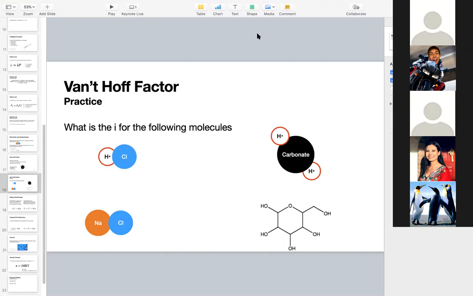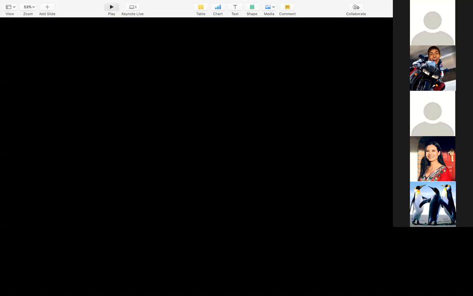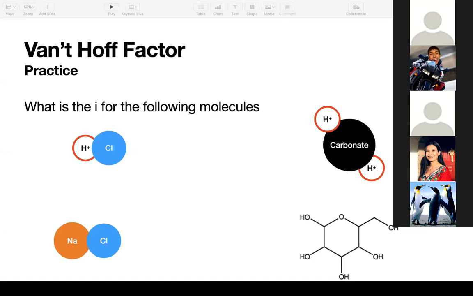It stays as one unit. Oh, okay. So if it doesn't dissolve into ions, our Van Hoff factor would be 1. You think of it like how many groups are left. In this case, it stays as one single group, so the group would be 1.